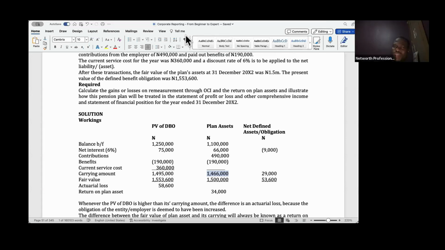Okay, why will you increase the plan assets when you're actually paying it from it? It is a benefit. I told you that when somebody retires, you will pay benefits, and that benefit will be taken out from your plan assets. So should I increase it or reduce it? It will reduce it.